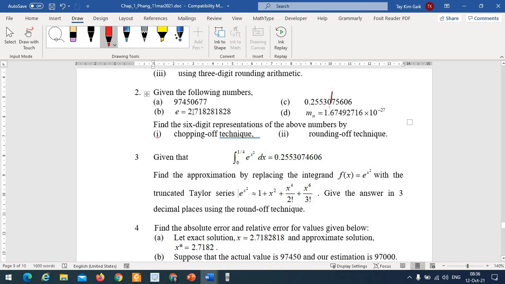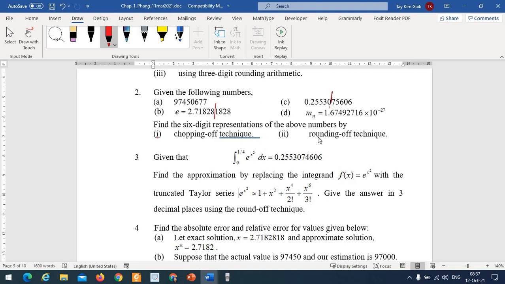If this one, 1, 2, 3, 4, 5, 6. The 0 in front is not counted. That's why I take out one more digit. If chopping, just throw away the digits behind. Round off, okay, you have to look at the digit behind. If it is greater than 5, then you increase the last digit by 1.